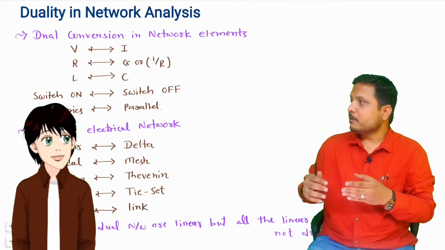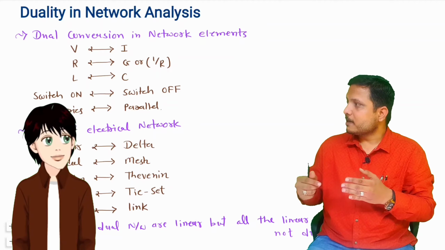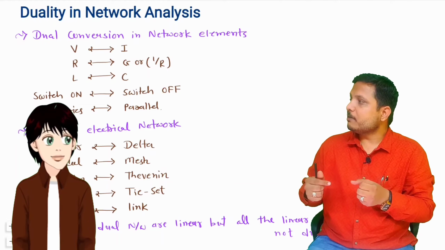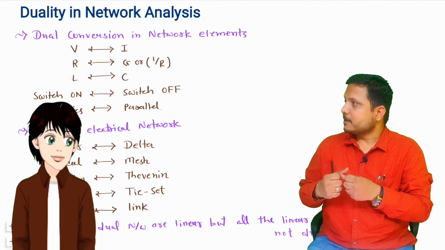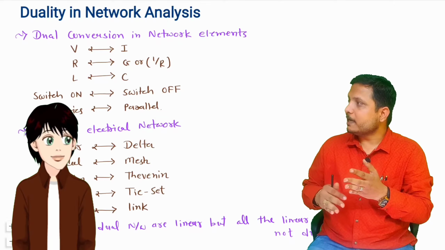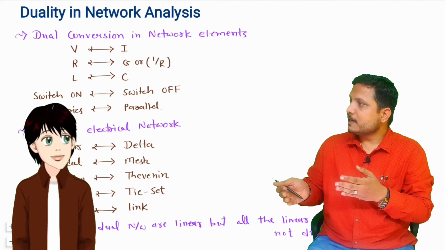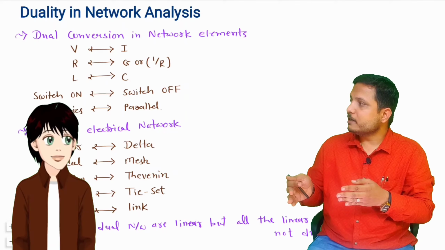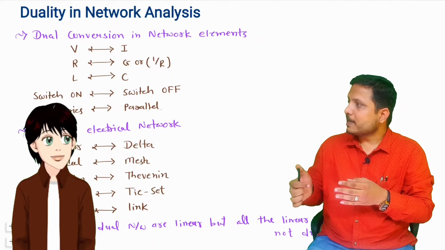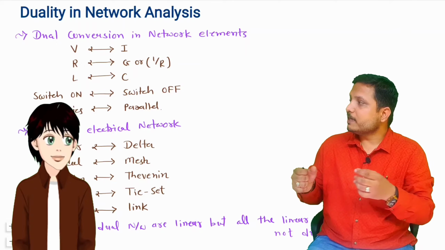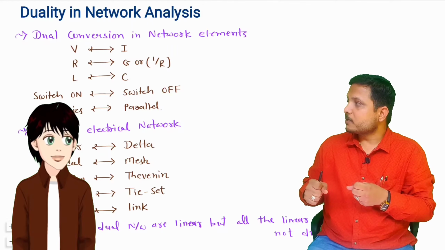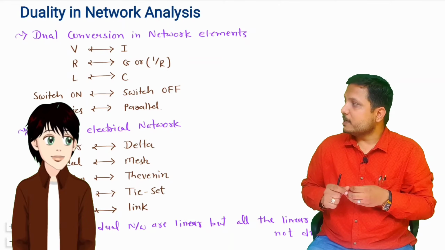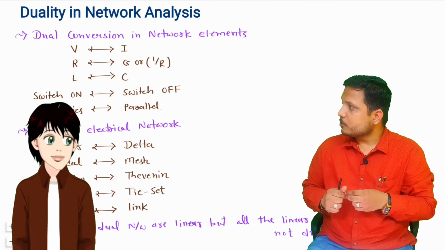The reason is that mutual inductance is generated because of mutual coupling between inductors. But when you convert into the dual, series connection is translated into parallel and parallel is translated into series. That's why the mutual relation between inductors will also change. So you cannot have a value of dual for mutual inductance. I hope it is clear to you now.